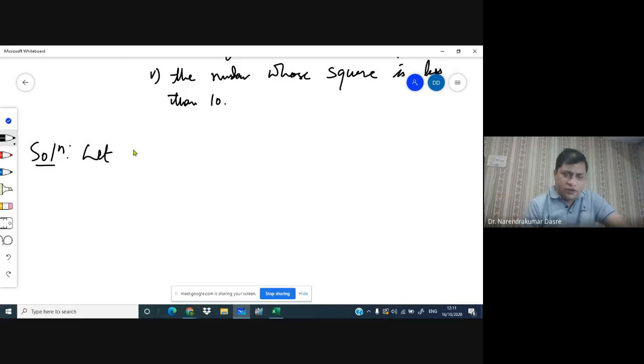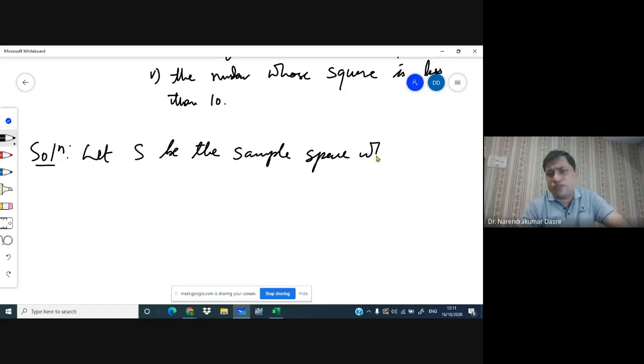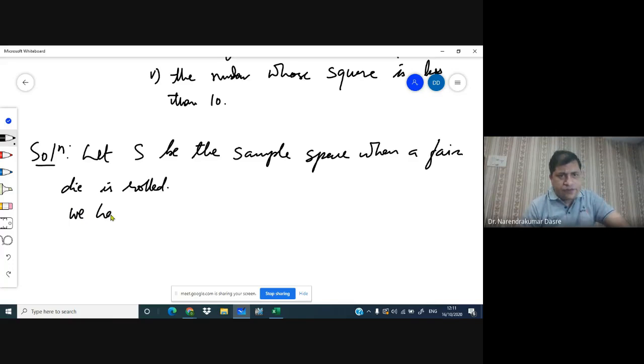Let S be the sample space where a fair die is rolled or thrown. What will be the sample points in this experiment?